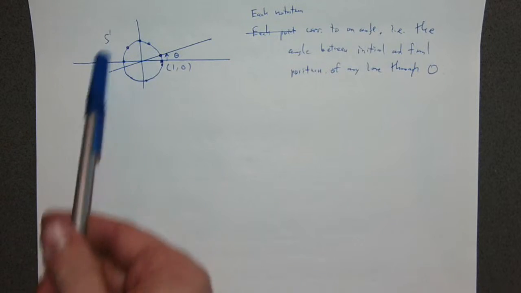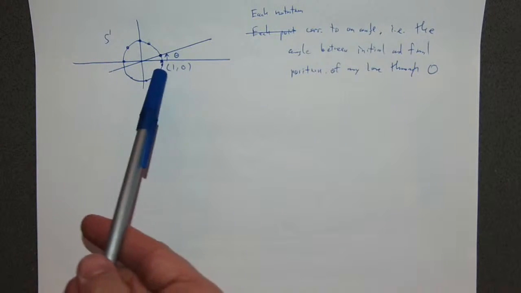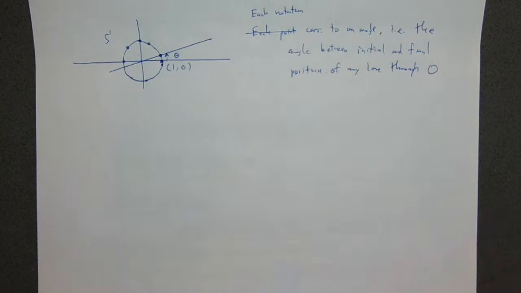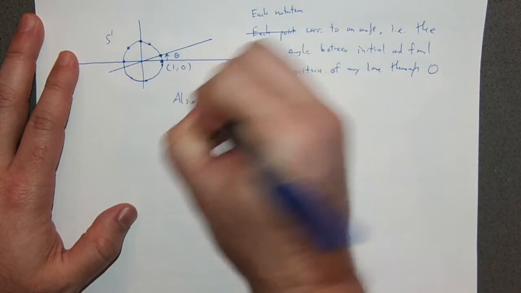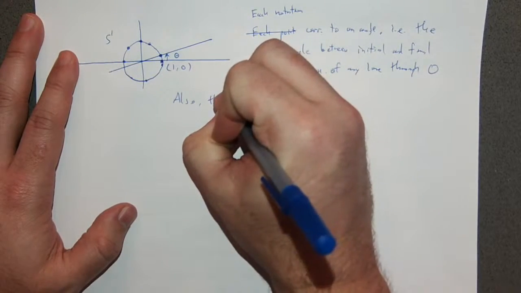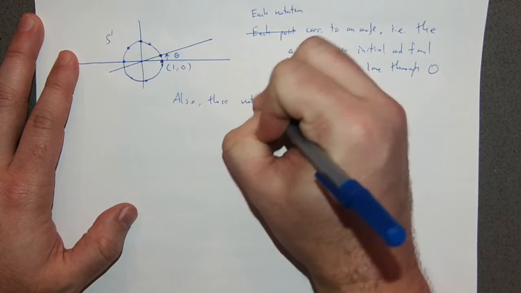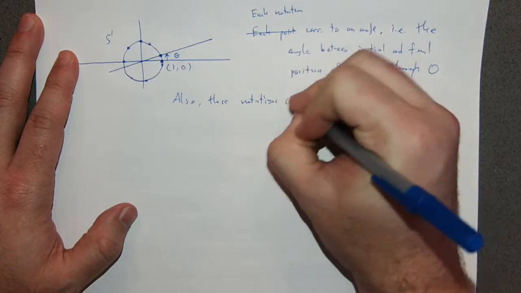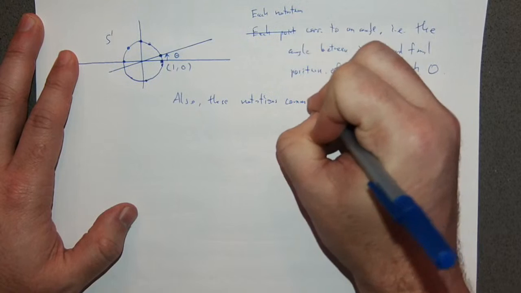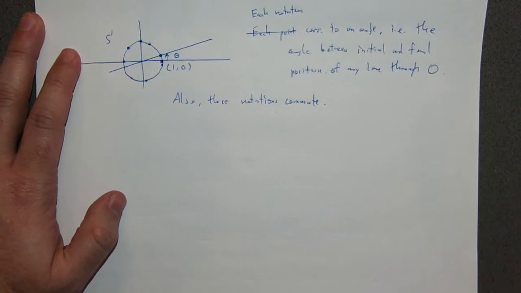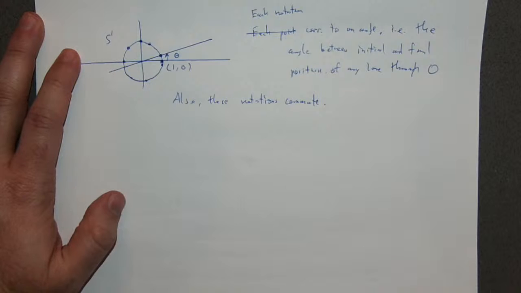But here, because the space in question is actually just the circle, all we need to know is where this point is, and we don't care about the other because this is one-dimensional. Okay, also, these rotations commute.